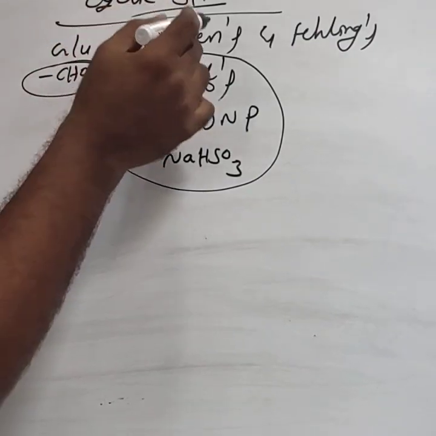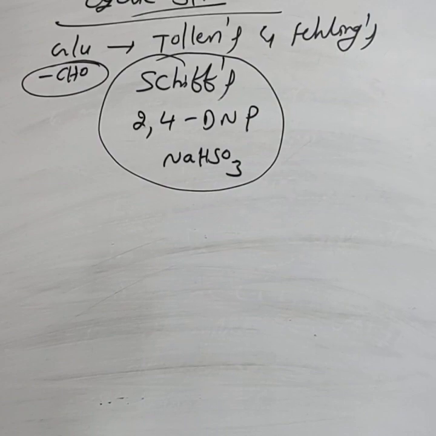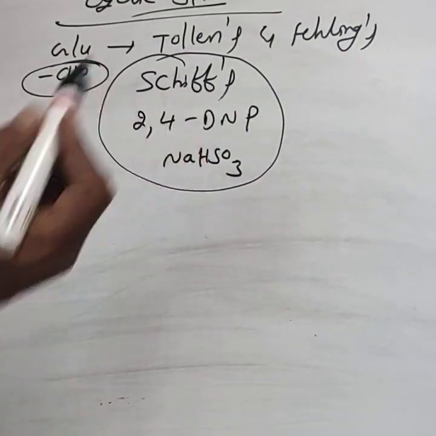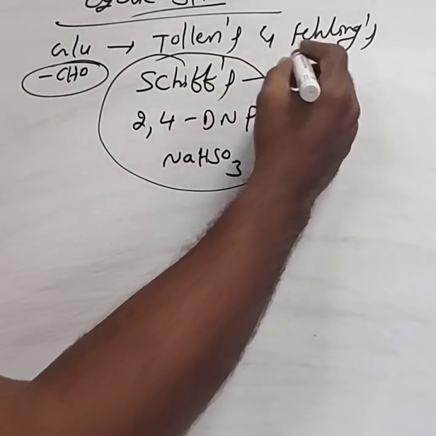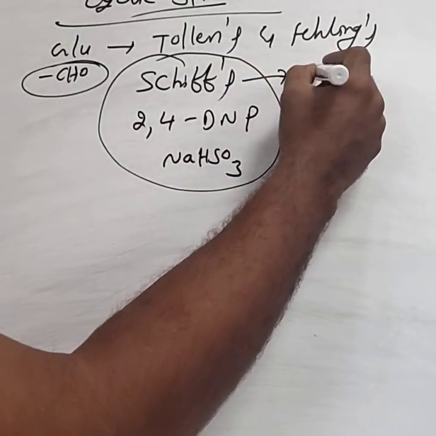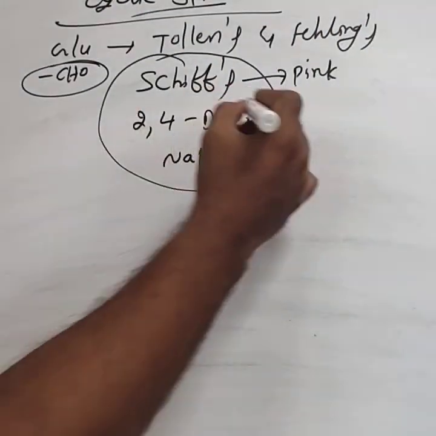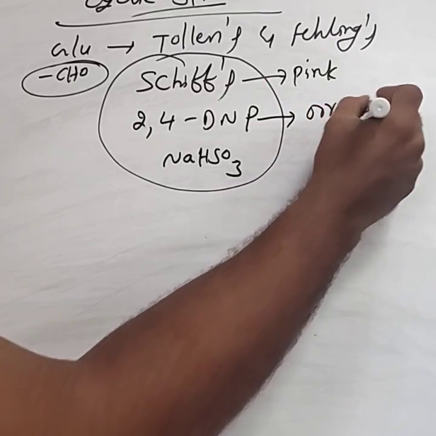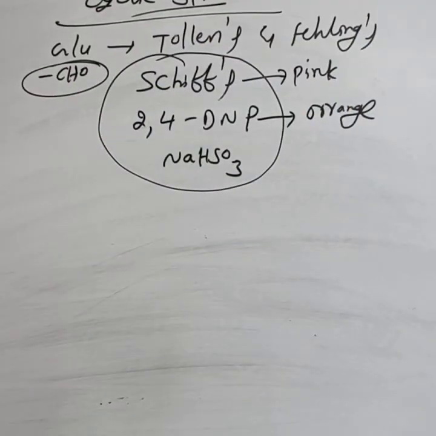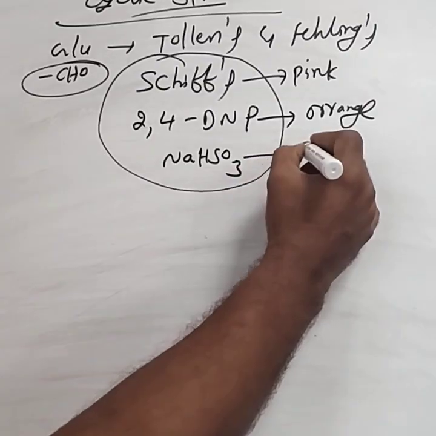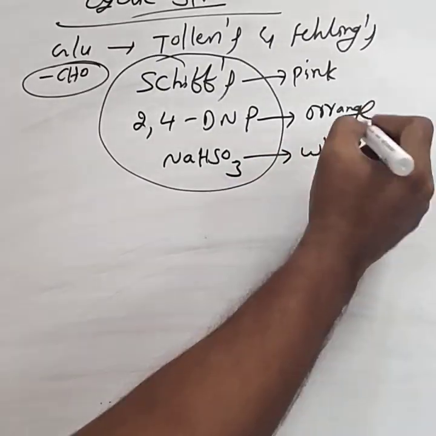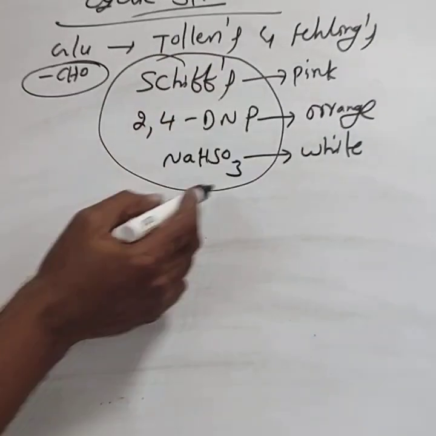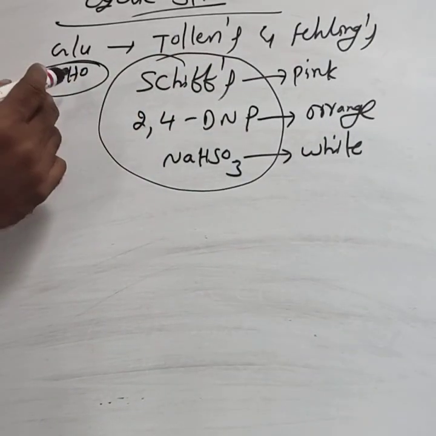It answers only Tollens and Fehling's, but not Schiff's reagent, 2,4-DNP, or sodium bisulfite. With Schiff's reagent, aldehydes give a pink color. With 2,4-DNP, they form an orange crystalline solid. With sodium bisulfite, they form a white crystalline solid. These are the characteristic properties of the aldehyde.